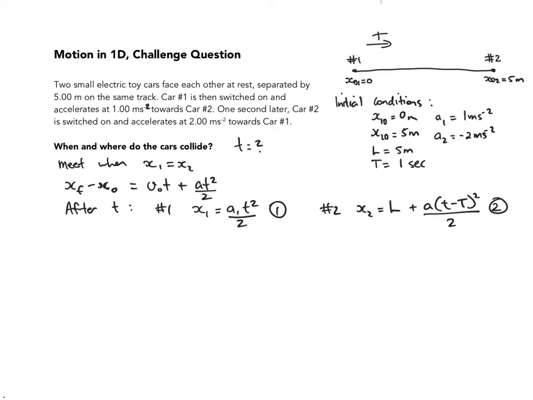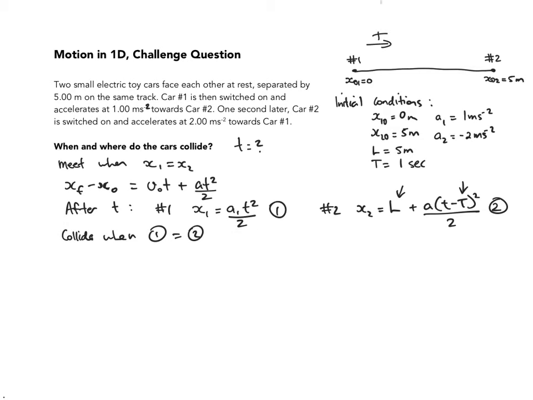So that's a difficult part of this problem solved. We have to include this character here, which is our distance between them, and then we also have to include this guy here, which is the time delay. So like I said, they collide when x1 equals x2.